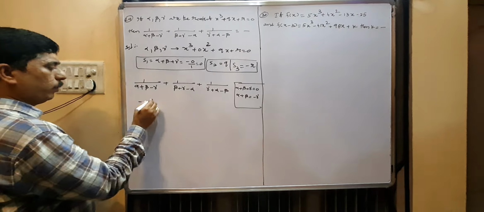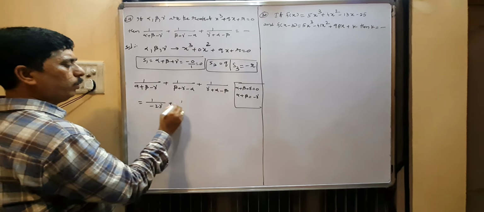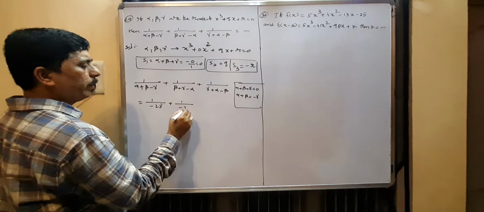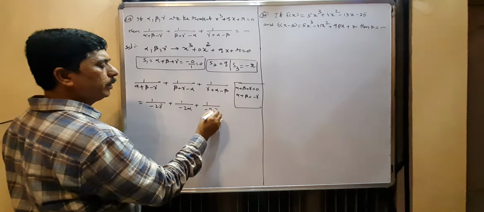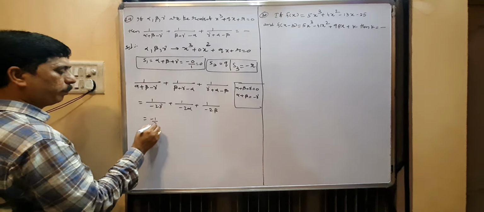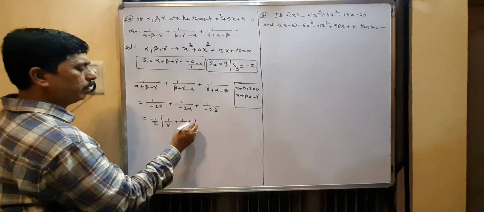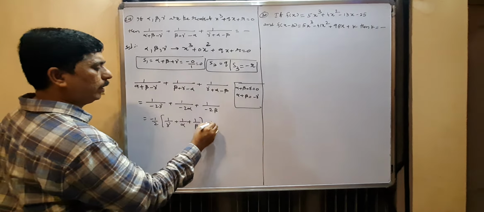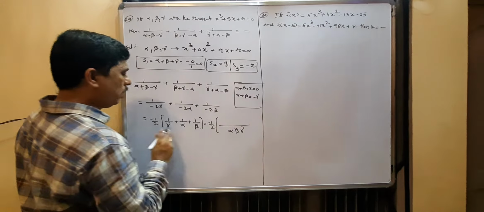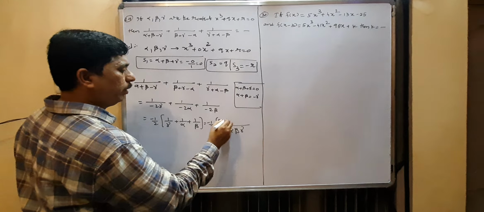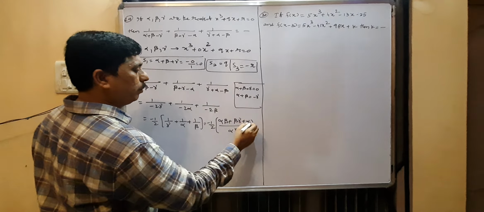Substitute here: 1 by minus gamma minus 2 gamma, 1 by minus alpha minus 2 alpha, 1 by minus beta minus 2 beta. Minus 1 by 2 common, 1 by gamma plus 1 by alpha plus 1 by beta. Take the LCM, minus 1 by 2 into alpha beta gamma as LCM. The numerator is alpha beta, next beta gamma, alpha gamma.